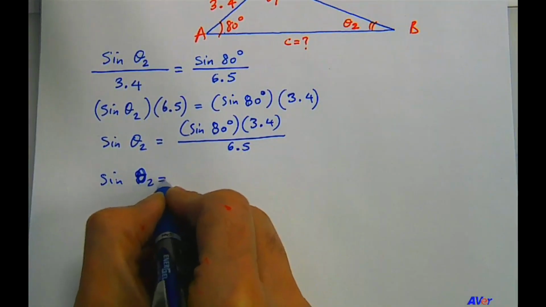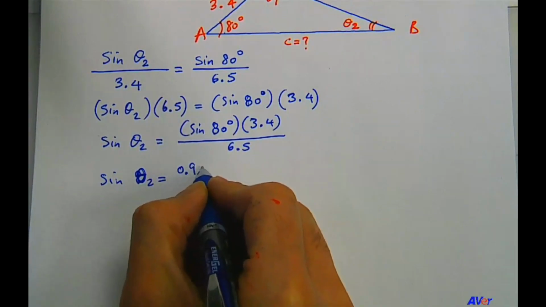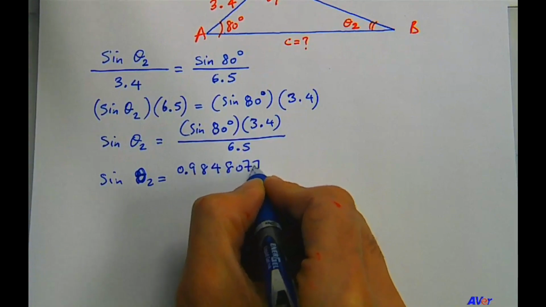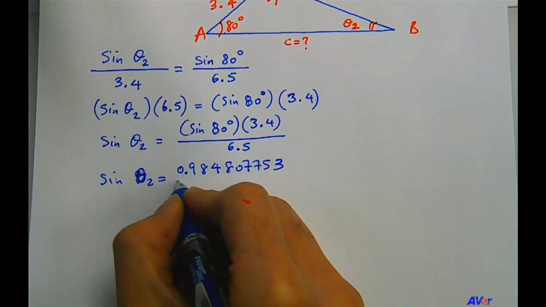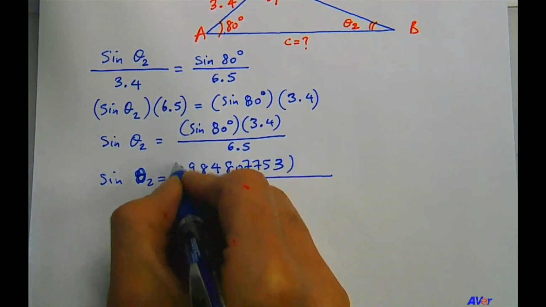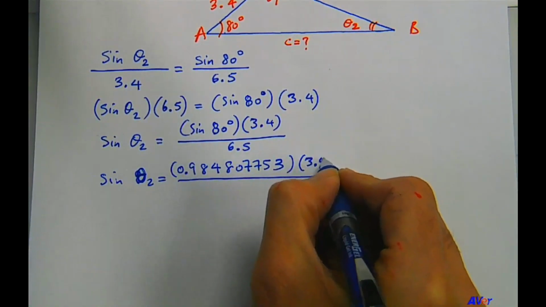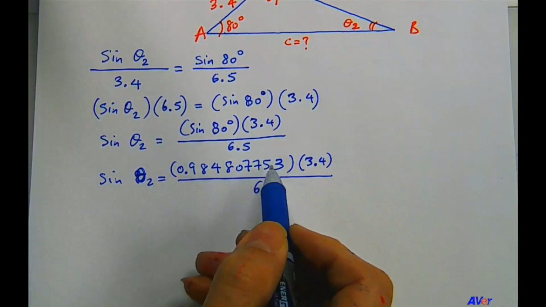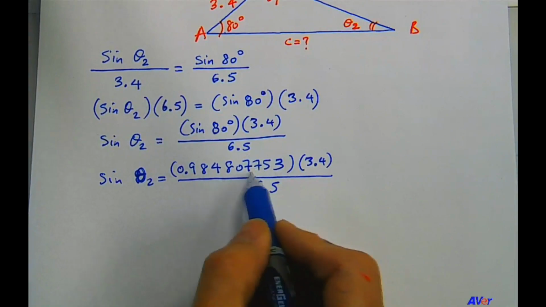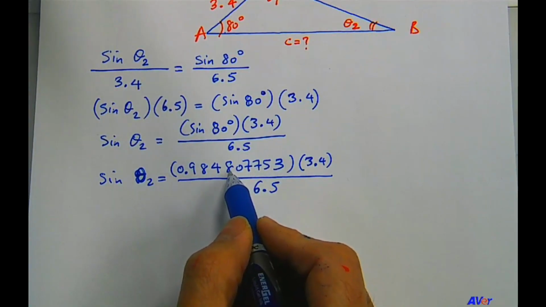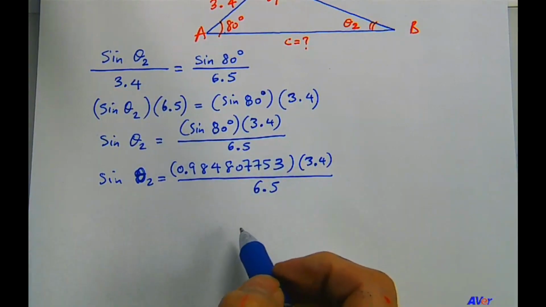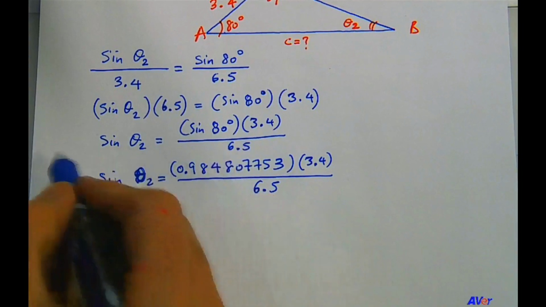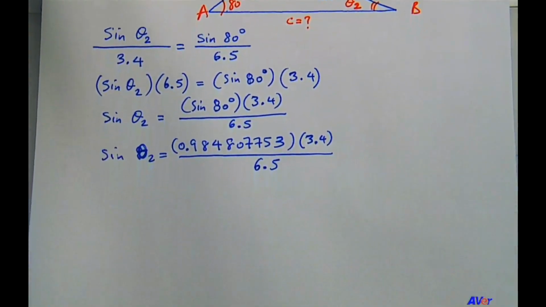Sine of theta 2 is equal to 0.984807753 times 3.4 divided by 6.5. So this may be excessive, but I guess if you rounded this number even at this 8, your final result should have been very close or identical to the result that I'm getting. But I kept all of that.